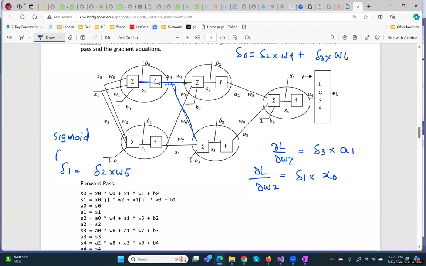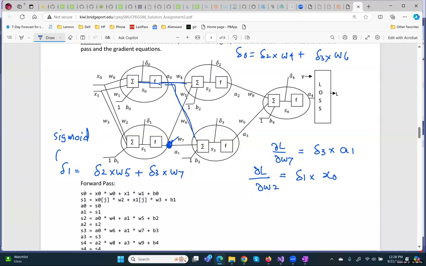Plus, take a look at the contribution coming up to this point from delta 3. That will be delta 3 times W7. So now we are okay up to this point, this dark circle that I'm drawing.